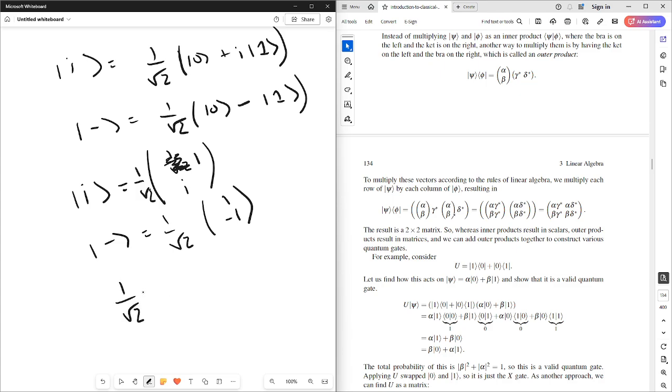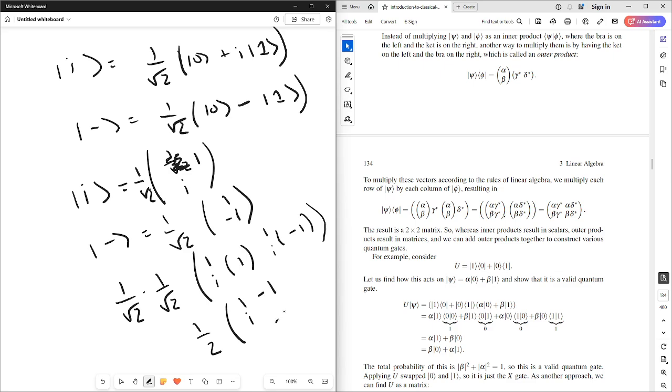One over square root of 2. So we'll pull these out, and we'll just work through this just as the example they have here. So 1 over I times 1 and 1 over I times negative 1. So we get 1/2 1 I negative 1 negative I.